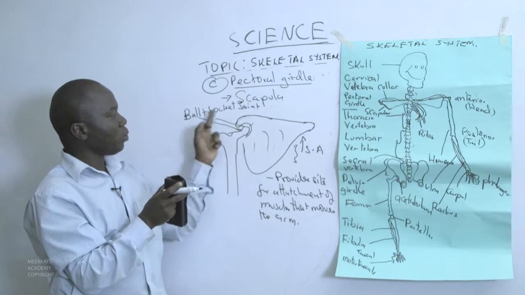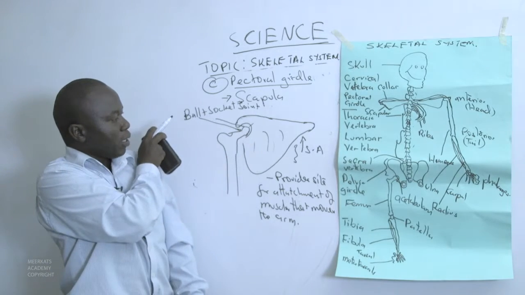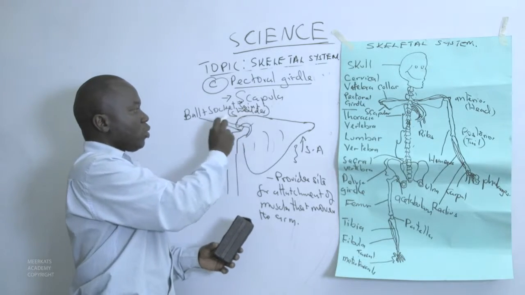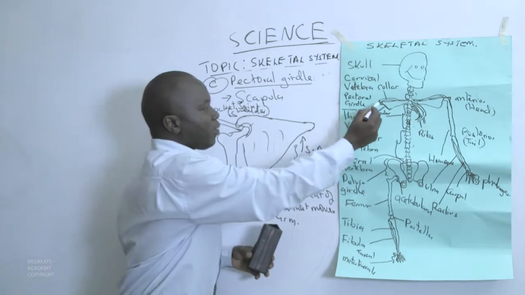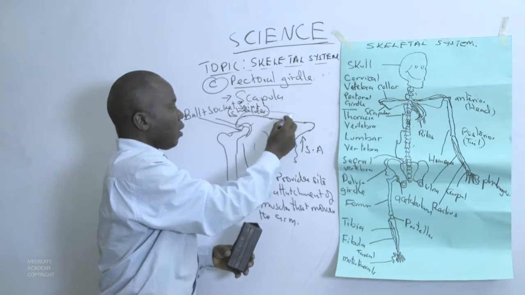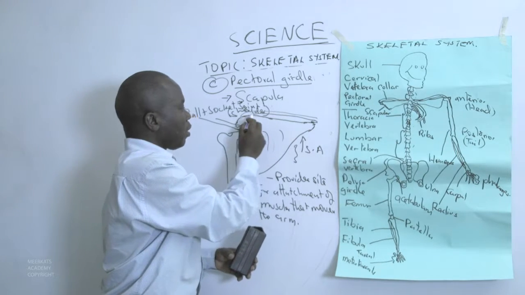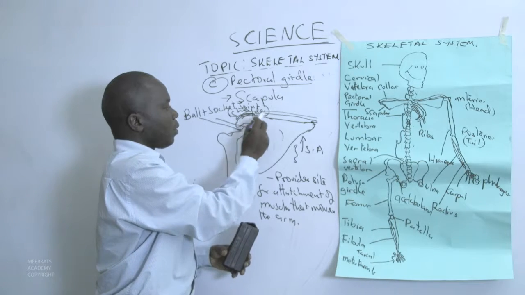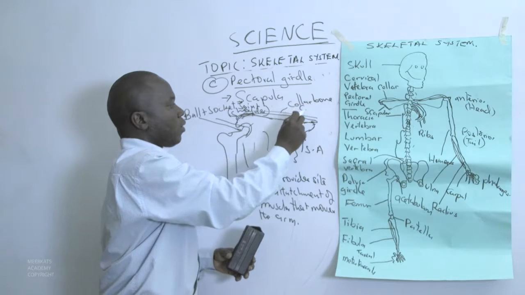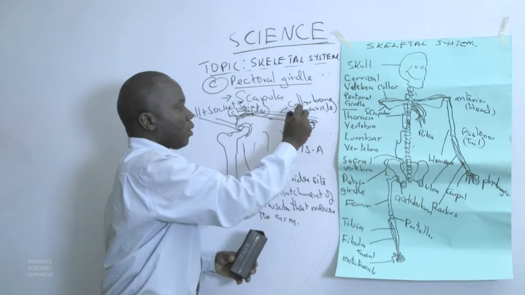So it takes the two words, ball and socket joint, the upper arm or the shoulder, also called shoulder joint. But just above that, we also have the collarbone stretching all the way at that point, also called clavicle bone.